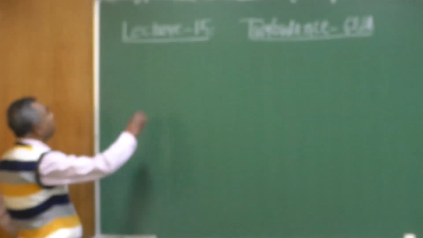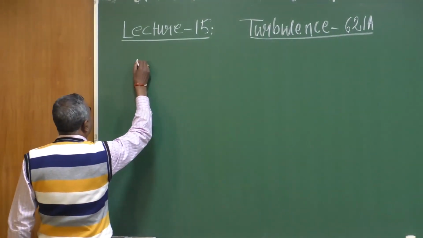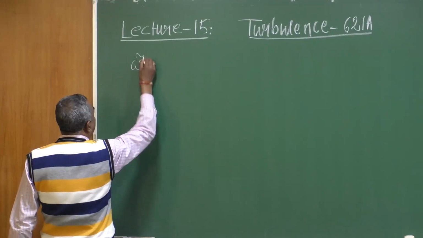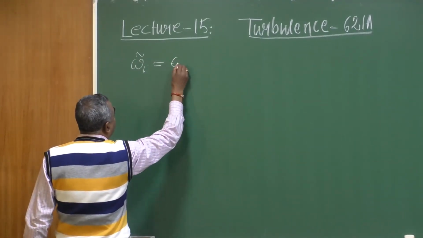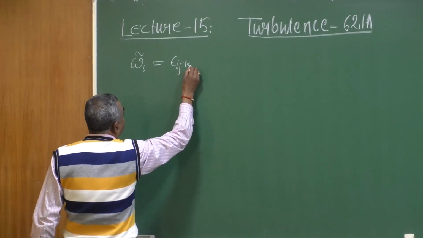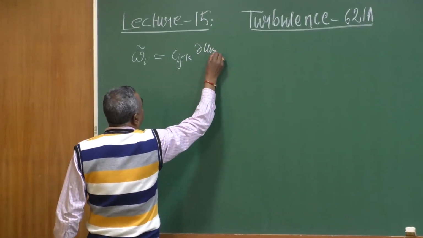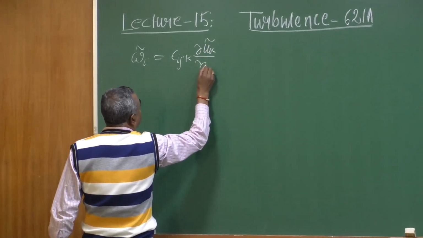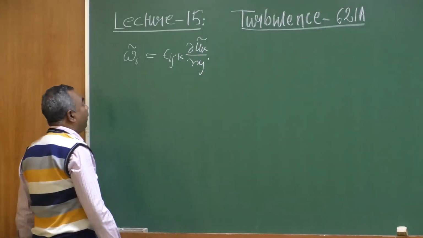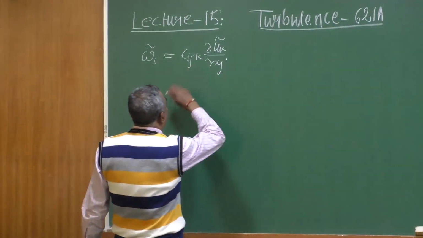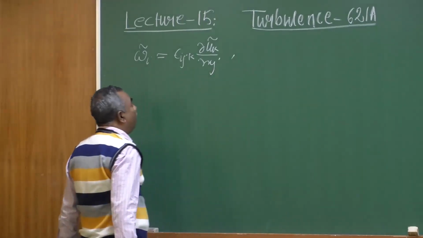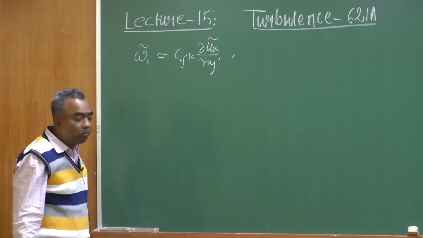So, the vorticity, which is given as omega i tilde, as I wrote in the last class, equals epsilon i j k del u k tilde del x j, okay, where that epsilon i j k is our alternating tensor or permutation symbol.